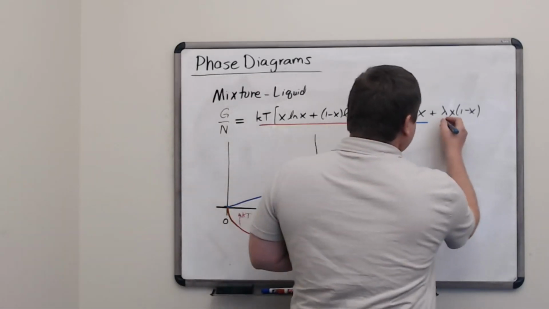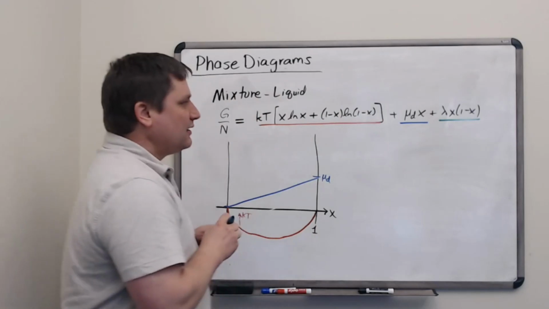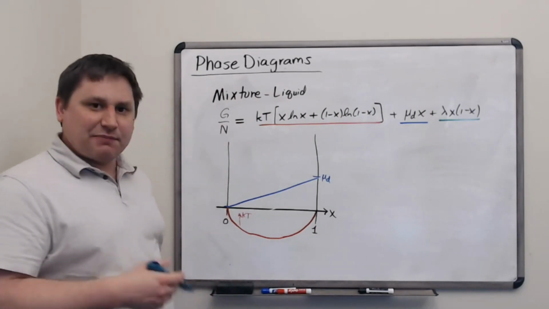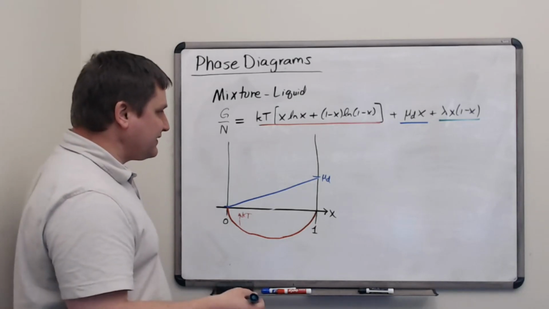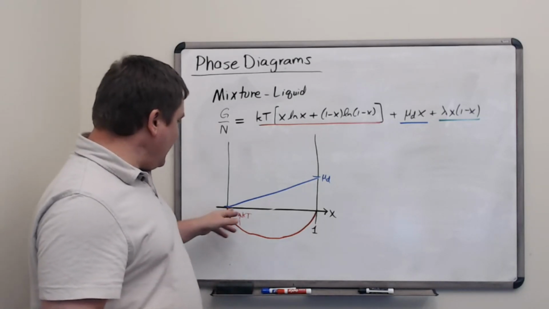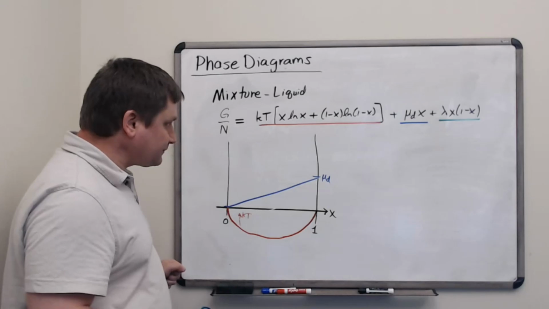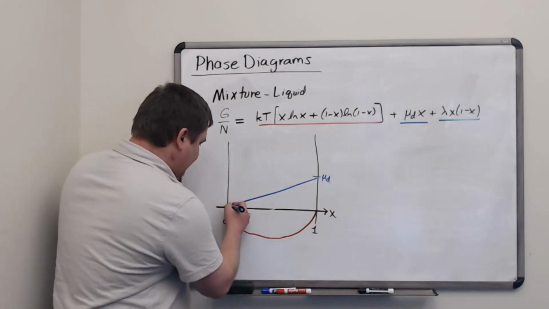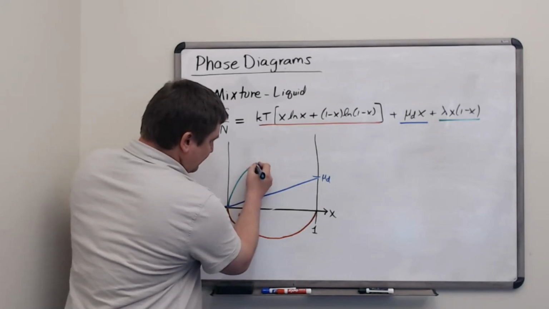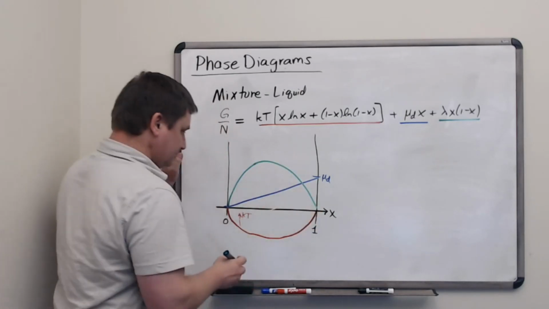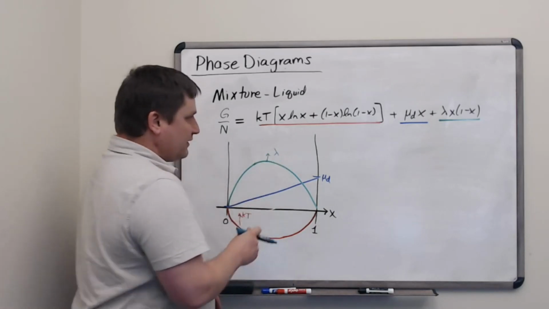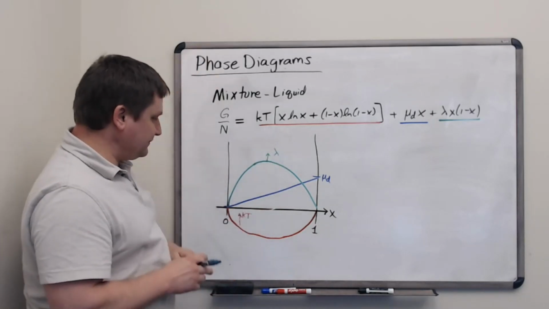Okay, lastly we'll look at this lambda term here, lambda times x times 1 minus x. So this is a parabola, right? It's quadratic in x, and it's 0 at each end, and it's always positive. So that means it basically must look something like this. And if we change the lambda value, then this thing will stretch out.